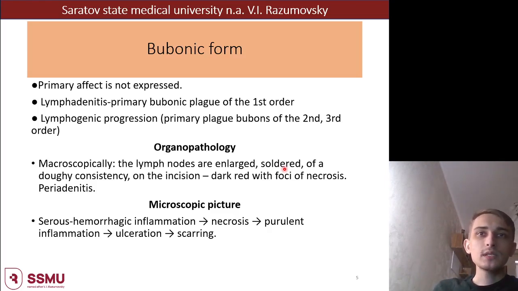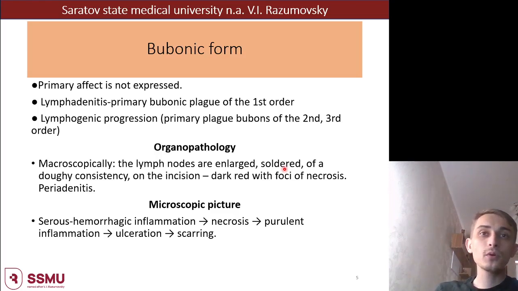Microscopically, we can see the steps of its development. First of all, we may see formation of serous hemorrhagic inflammation, and the cause of serous hemorrhagic inflammation here is associated with the result of activity of some enzymes of the plague bacillus, which lead to necrosis and formation of purulent inflammation.